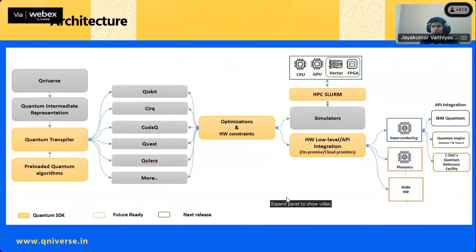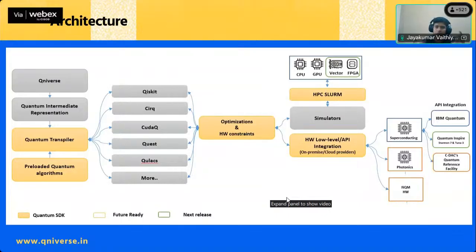And in future, if any quantum systems are developed across any institute in India, they will be able to integrate. Okay. Suppose IIT Madras is able to create a quantum computer using photonics, they can integrate. Or if an NMR computer is available in Pune, they will be able to interact and communicate.